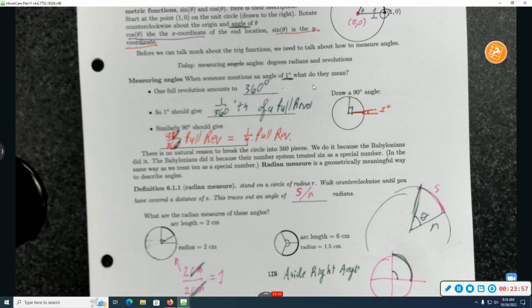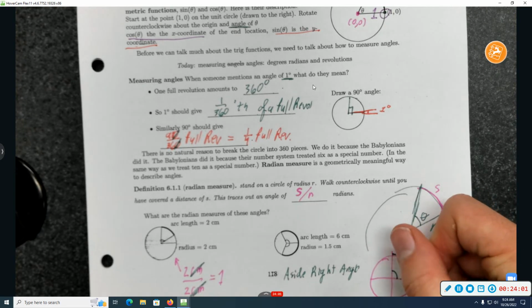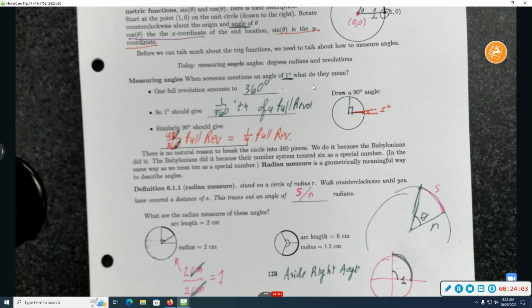Let's go ahead and put this in a circle of radius 1 just for convenience sake. So I want to know how far around that green arc is if I want to know the radian measurement. So that looks like it's a quarter of the way around the full circle. What's the circumference of the circle equal to? Yeah. 2 pi r. So this is a circle of radius 1.